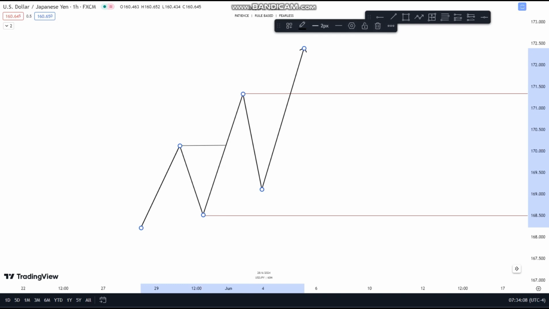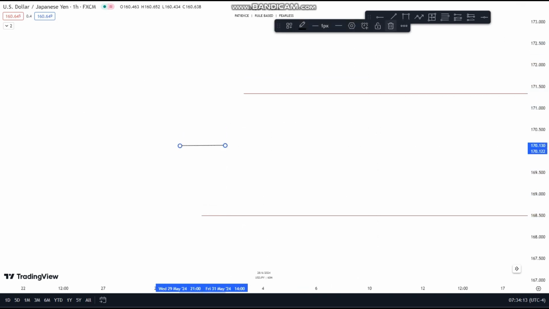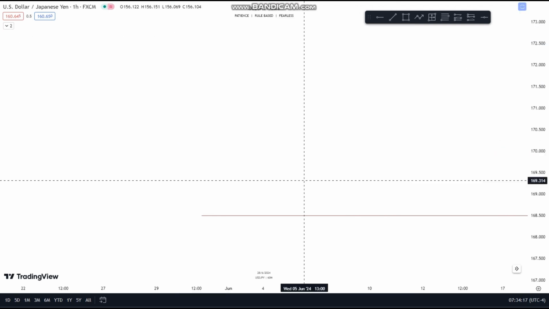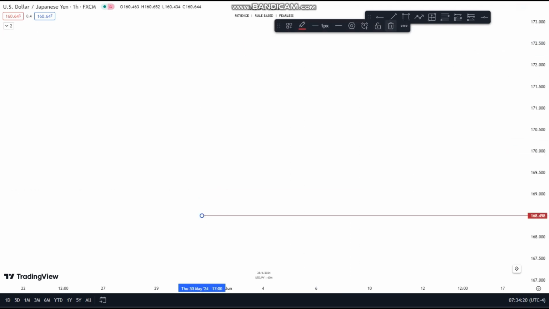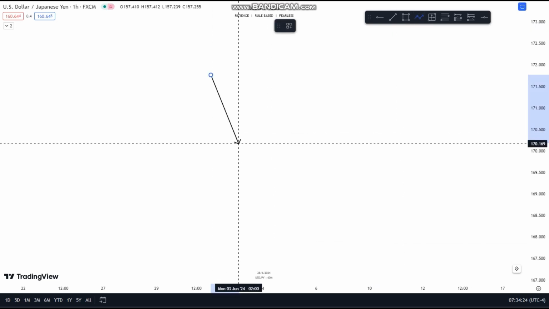Let me show you guys a bearish example of external liquidity. Here we go.